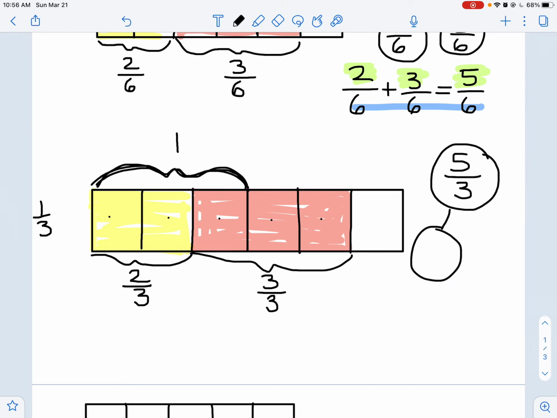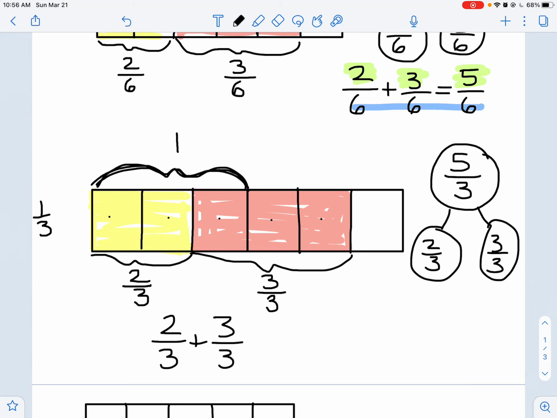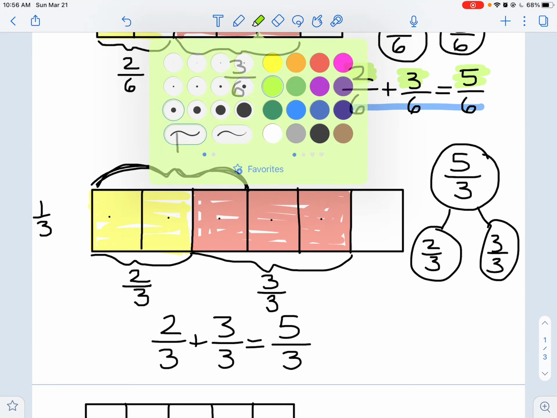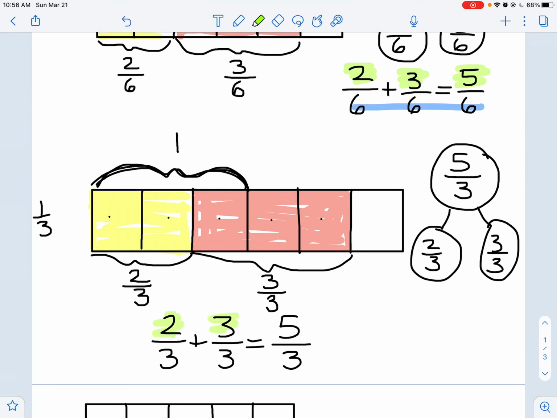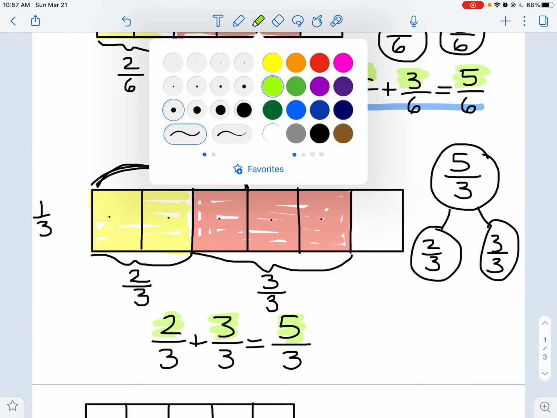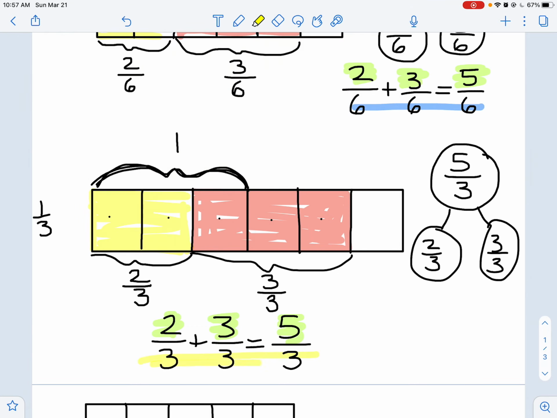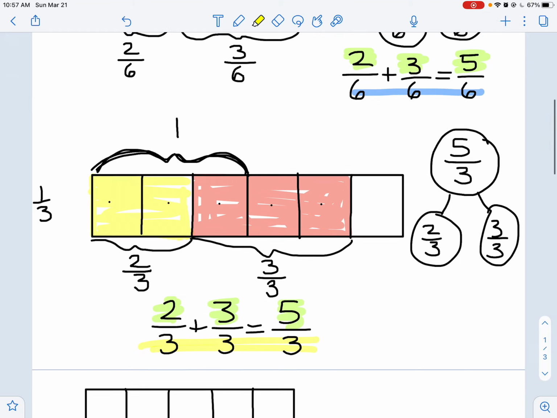So our 2 parts of our 5/3, we have 2/3, and we have 3/3. And if I add 2/3 plus 3/3, remember looking across our numerator, we end up with 5/3, right? I have 2, that's our yellow, the 3 is our red, so we have a total of 5 portions, and our unit fraction we're talking about is thirds, okay?